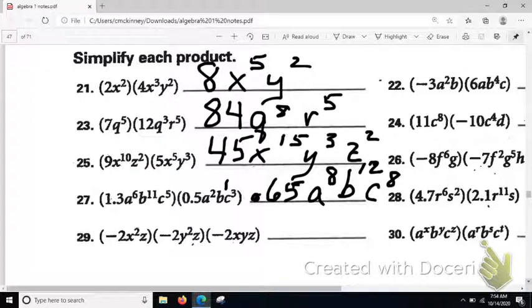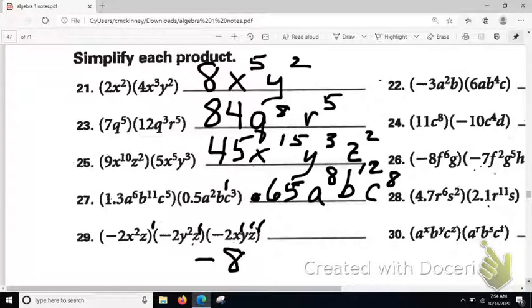So down at the bottom one, number 29, we have lots of 1s on these. And it may help you, for every variable that doesn't have an exponent, to give it its own little 1. You may not need to do that, but it might help you to remember. So negative 2 times negative 2 times negative 2, I'm going to write this below so I have more space, makes negative 8.